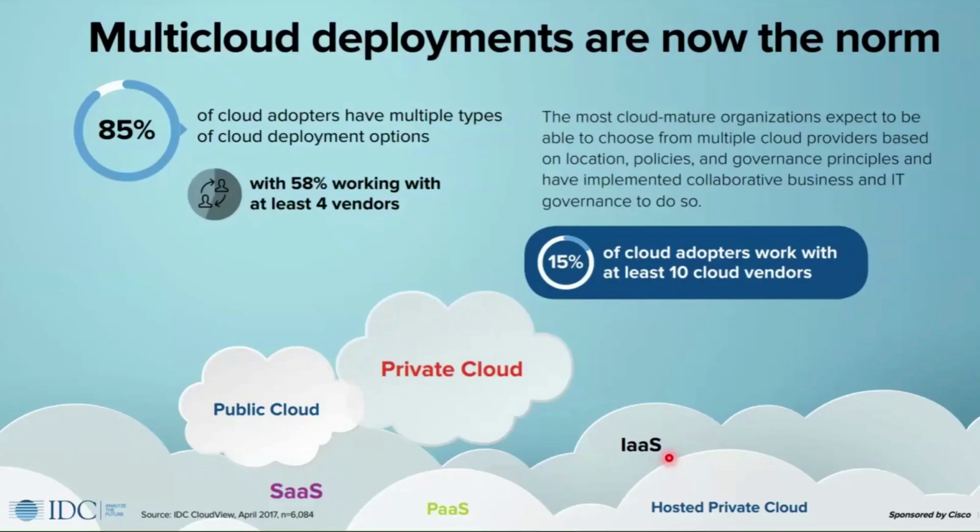And multi-cloud is now the norm. According to IDC, 85% of cloud adopters have started their journey, and 58% of them work with at least 4 cloud vendors, whether from an ISP, from an SP, or from a public cloud.